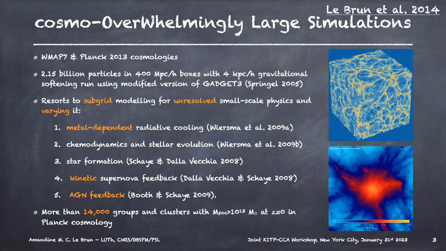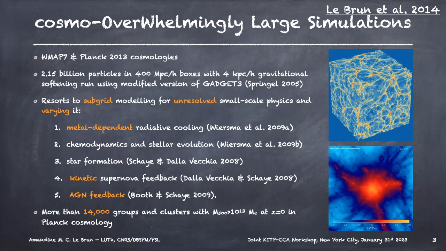Given that it was 2013-2014, I used a simulation we ran with Ian McCarthy, who was my PhD supervisor. They were called COSMO-OWLS, the COSMO overwhelmingly large simulations, or COSMOS for short. To the best of my knowledge, it's still the largest set of cosmological hydrodynamical simulations that vary subgrid modeling in large boxes.